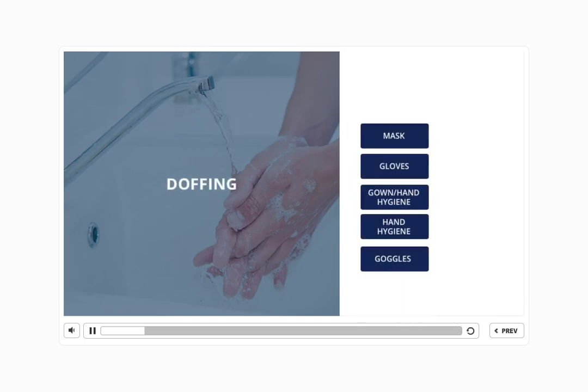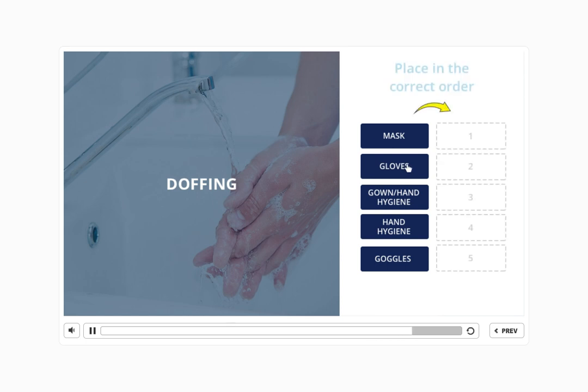Doffing, or removing PPE, has the greatest potential for cross-contamination because your PPEs are contaminated. Taking off your PPE correctly is essential. Drag and drop the items on the left with the order on the right. And remember, when finished doffing PPE, perform hand hygiene.